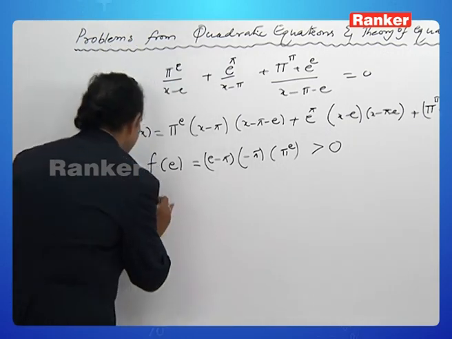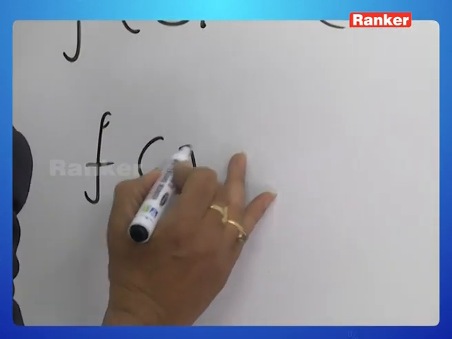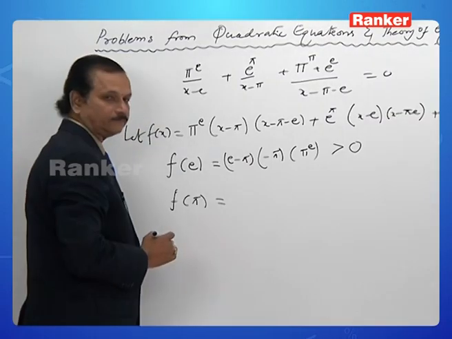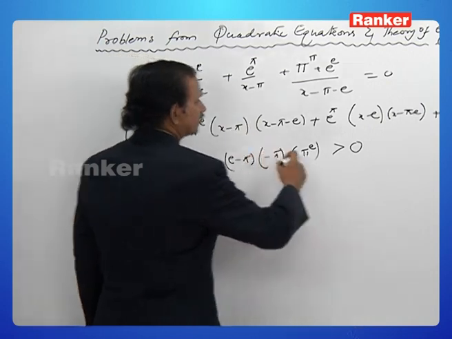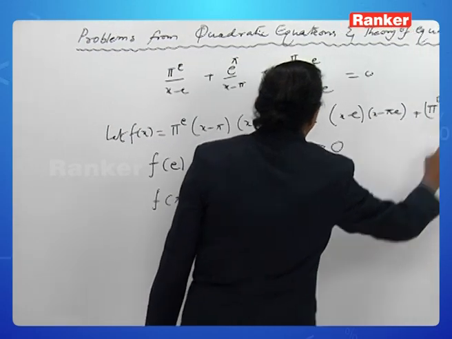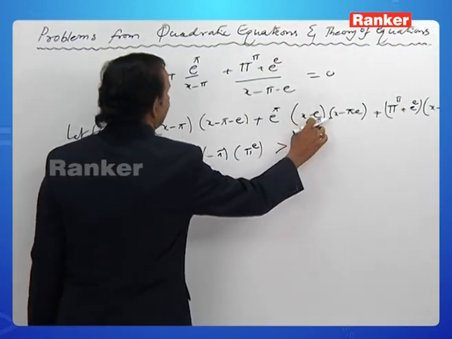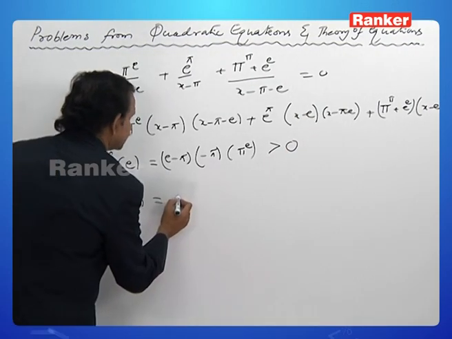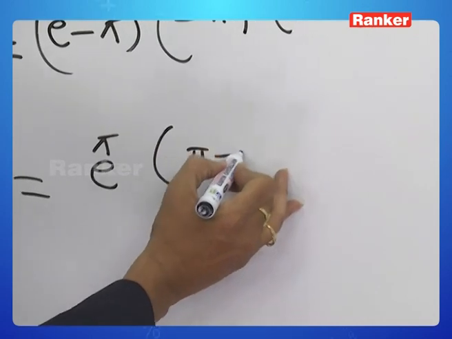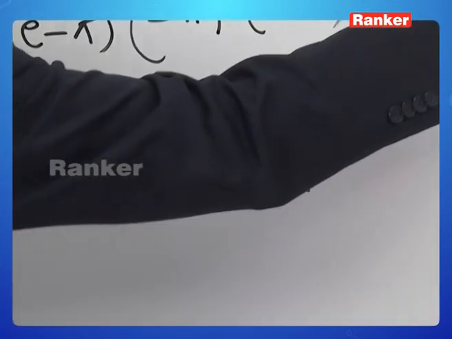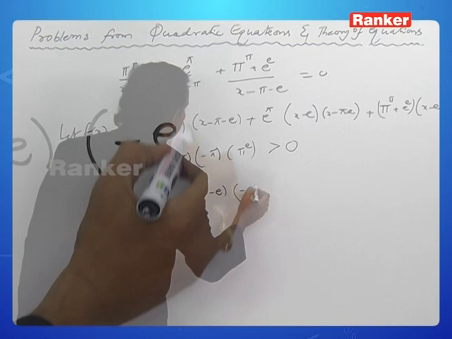And again, let us observe f of pi. What is f of pi? Pi minus pi is 0, leave it. Pi minus pi is 0, leave it. Here, pi minus e, that is e power pi into pi minus e into pi minus pi is 0 minus e.